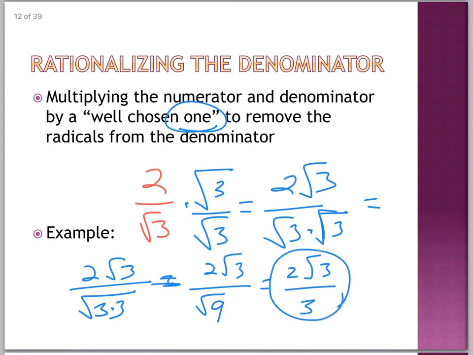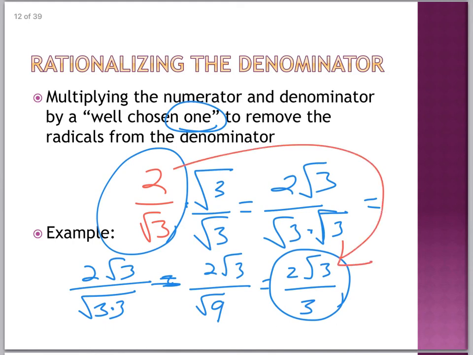Now I know you're thinking that is way worse looking than this, but it doesn't matter. This is the simplified form because I multiplied the top and the bottom by a well-chosen 1, to get rid of the radical in the denominator. That's what's called rationalizing the denominator. You made it rational. It's no longer an irrational number. Now it's a rational number.